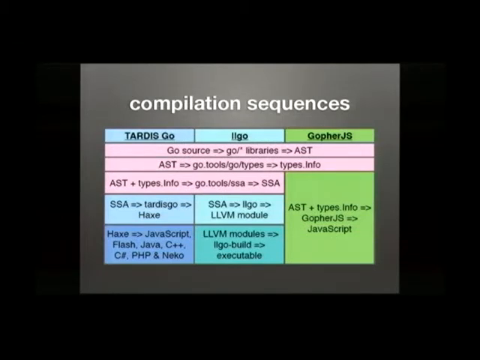So the three mutant compilers use these sequences. You can see that for LLGo and for TARDIS Go, we both use the standard Go library stuff to generate our own intermediate form. For TARDIS Go into Haxe, for LLGo into LLVM bitcode.